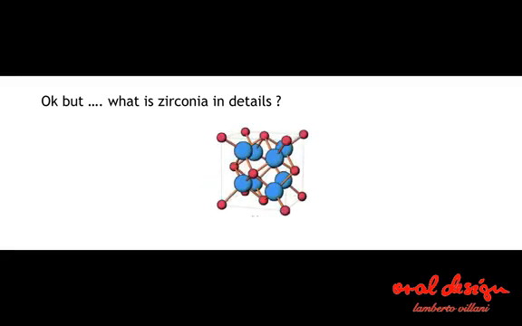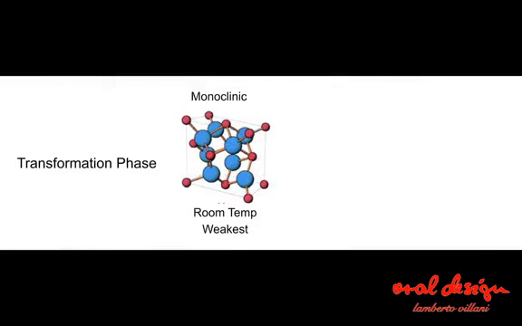It's a ceramic oxide, it's not a metal, whose crystals are arranged in a crystalline structure. You can see here, this crystalline structure has advantages, but also disadvantages, because according to the temperature, it has different crystallographic phases. In fact, at room temperature it is a monoclinic phase.